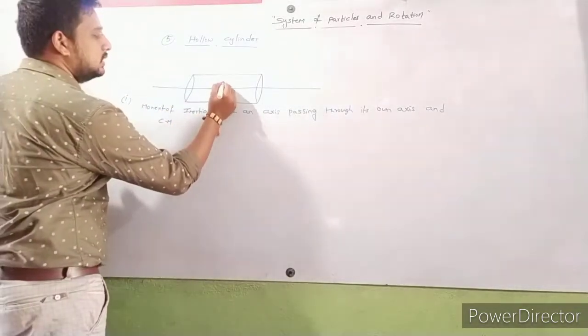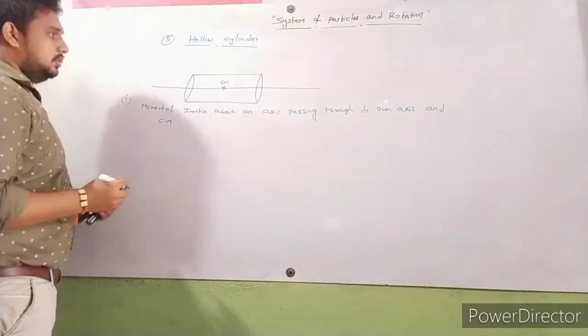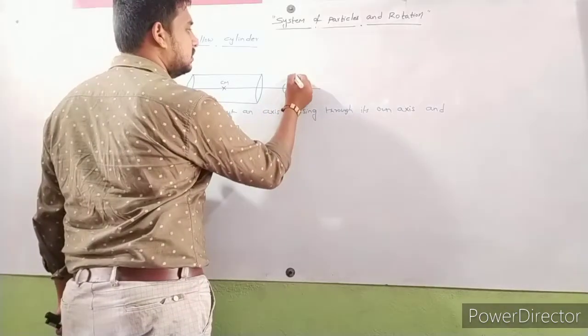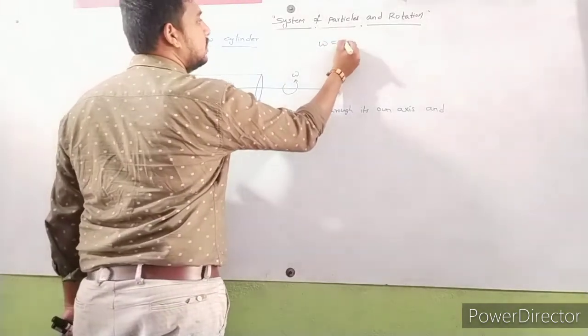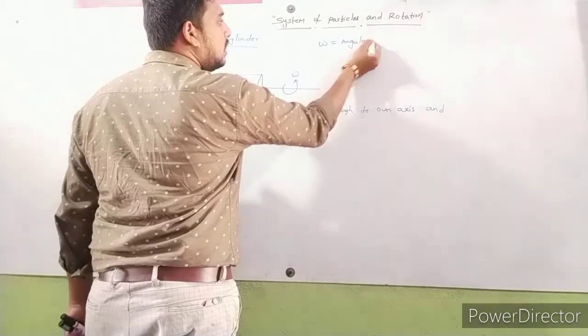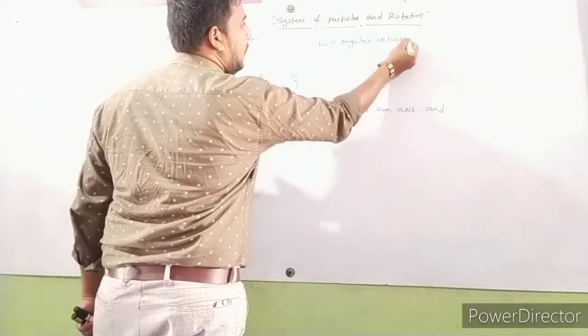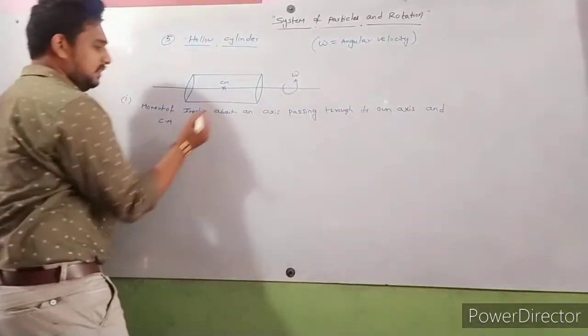This is the center of mass already. So if it is rotated like this, omega is the angular velocity. Moment of inertia for this one.